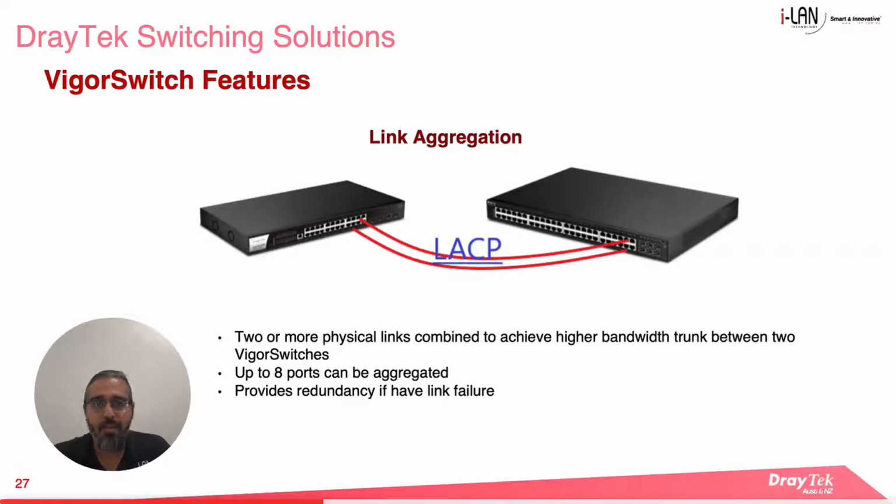Here, 2 or more switch ports can be combined to achieve a much higher bandwidth trunk connection between 2 WiGA switches. For instance, we can aggregate 2 gigabit ports to give us a 2 gigabit link between the switches, and up to 8 ports can be aggregated into a single group. An additional benefit of link aggregation is that it provides redundancy if one of the physical links fails.